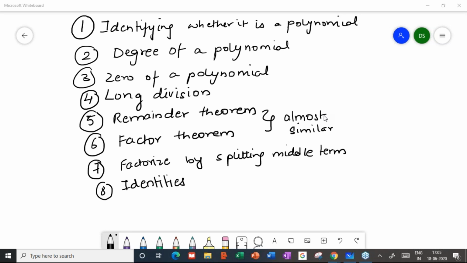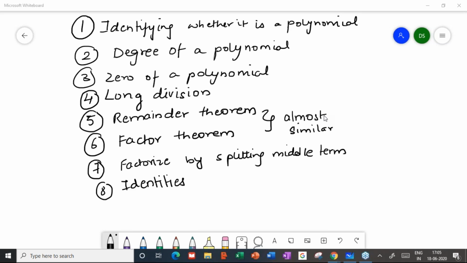Do you want me to assign sums as homework, or will you all solve by yourself? Those of you who have exams, do you want me to assign the different types of questions? If you have any doubts, let me know, or let others know.